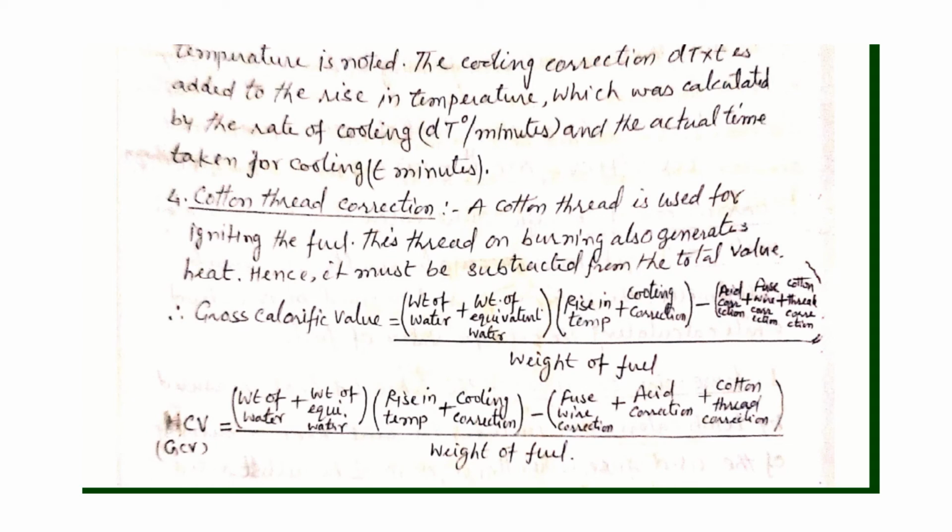The cotton thread is used for initiation of the fuel. This thread on burning also generates heat, hence it must be subtracted from the total value.